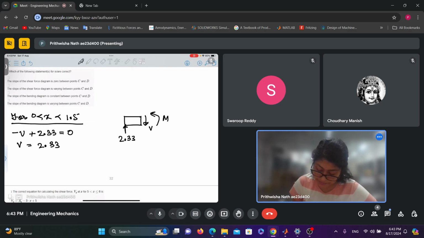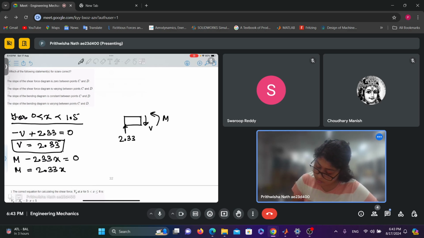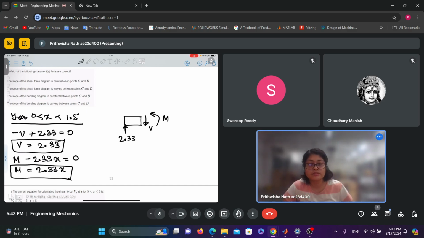For the moment, M minus 2.33x equals to 0, M equals to 2.33x. Is this clear? Up till here, is there any doubt?